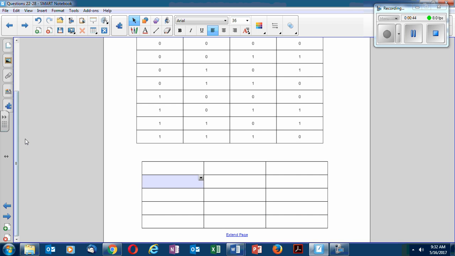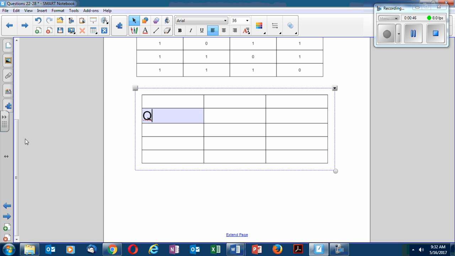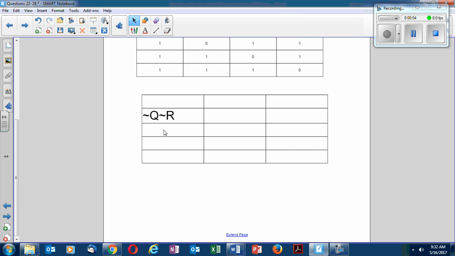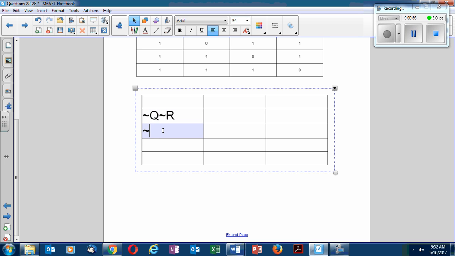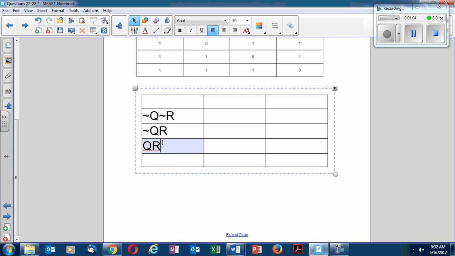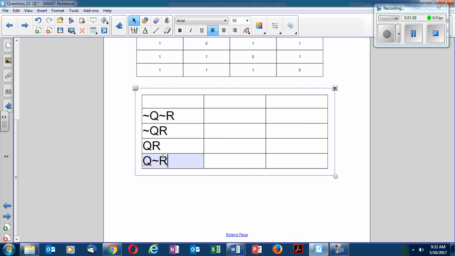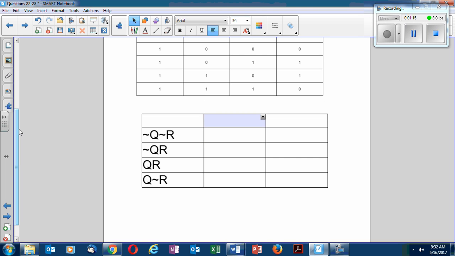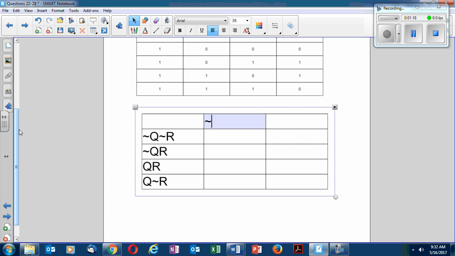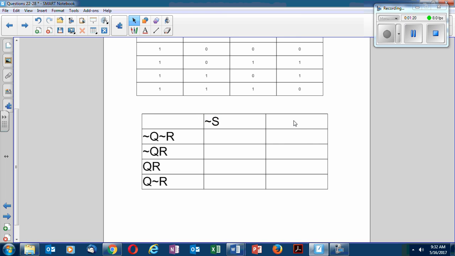So this one's going to be not Q, not R. The next one is going to be not Q, R. The next one is Q, R. And the last one is Q, not R. And over here, this one's going to be not S, and this one's going to be S.